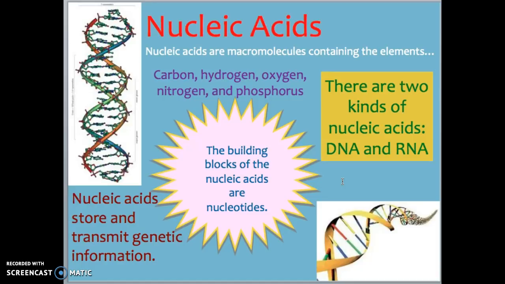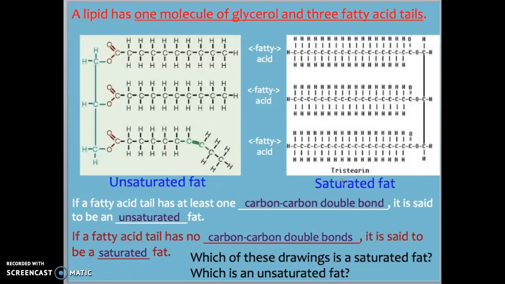I'm going to go in reverse here for a second just to show you the difference between, I think we skipped over this somehow, saturated and unsaturated fat. An unsaturated fat, you will be able to see at least one double bond. So I'm looking right here at the kink in this fatty acid tail.